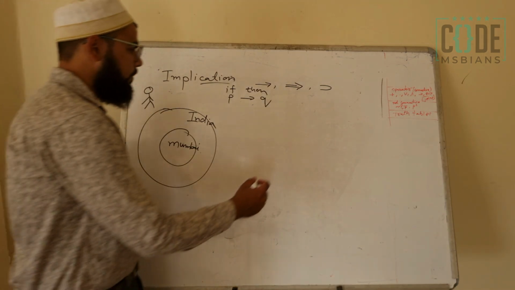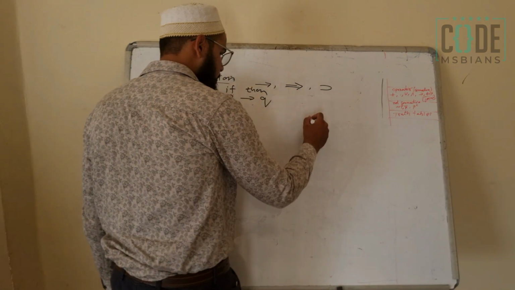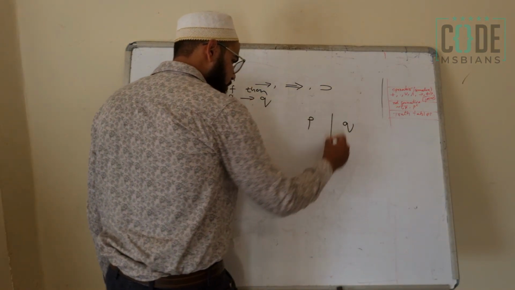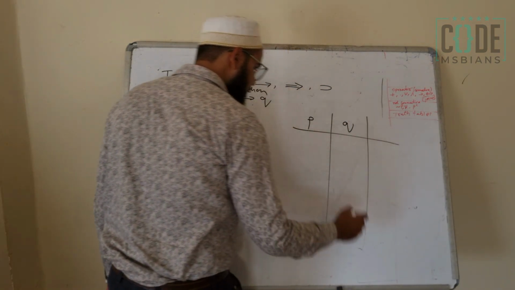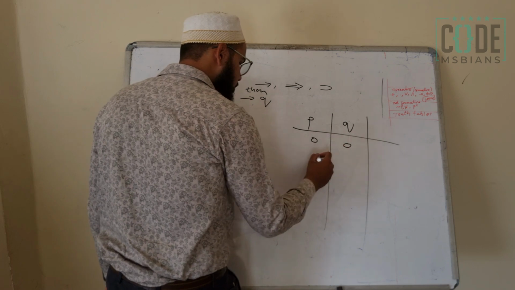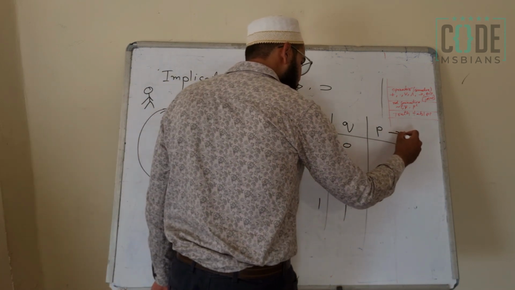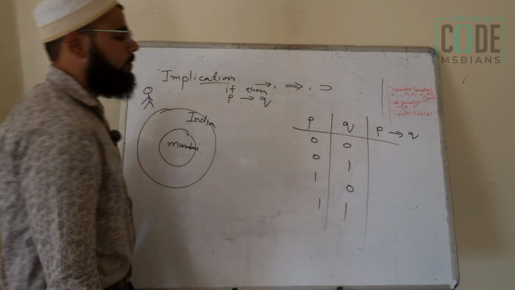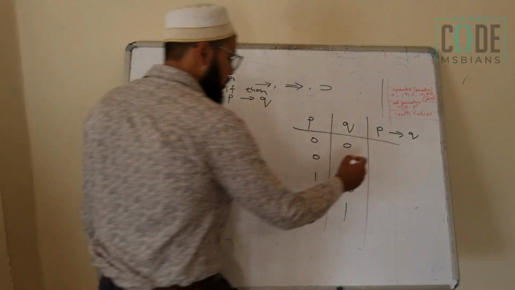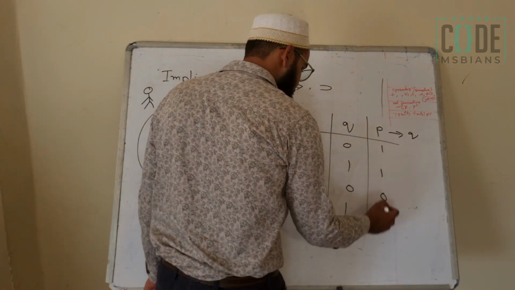Let me make a truth table for implication. I'm using P and Q again: 0 0, 0 1, 1 0, 1 1. Now P implies Q. So this is true, this is true, this is false, this is true.